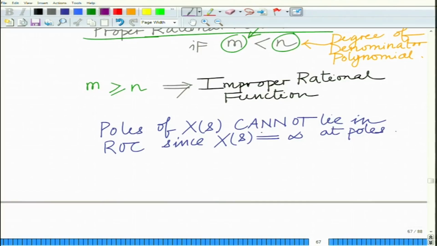So, poles cannot lie in the ROC. The region of convergence cannot include poles of the transfer function X(s). Okay. Let us take an example to understand this better.